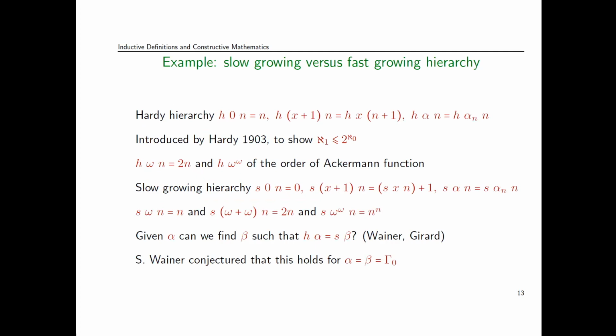The way to do it is to produce Aleph1 elements in 2 to the Aleph0, which is the cardinal of functions from NAT to NAT. So the goal of Hardy was to exhibit Aleph1 functions from NAT to NAT.